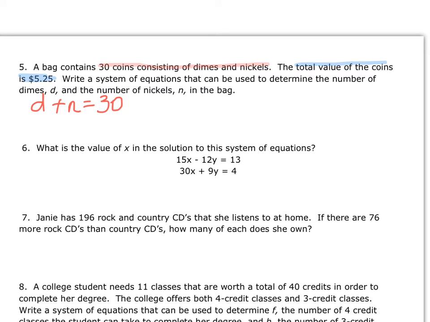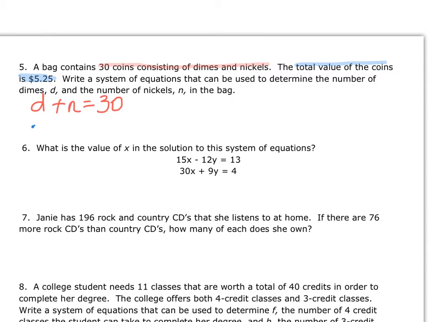So if I have 1 dime, how much money do I have? 10 cents. So that's 0.1 of a dollar, right? If I have 2 dimes, how much money do I have? 20 cents, right? 3 dimes, I have 30 cents. So what am I doing to the number of dimes? I'm multiplying it by what? 10 cents, right? 0.1, right?